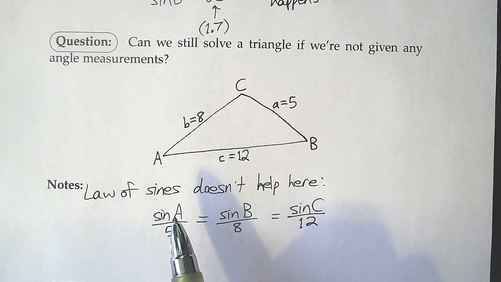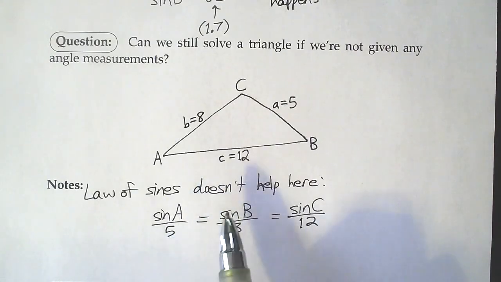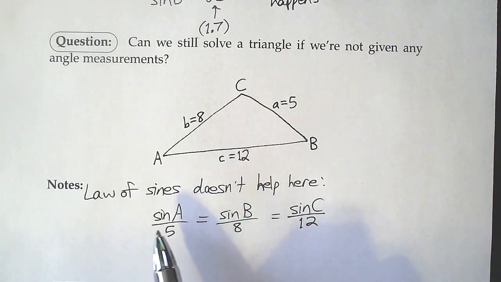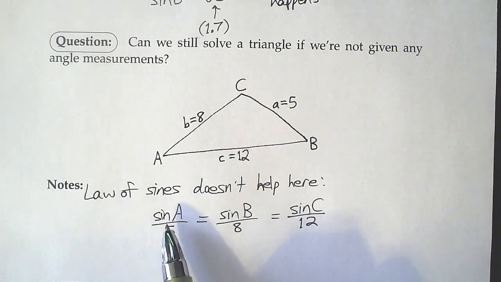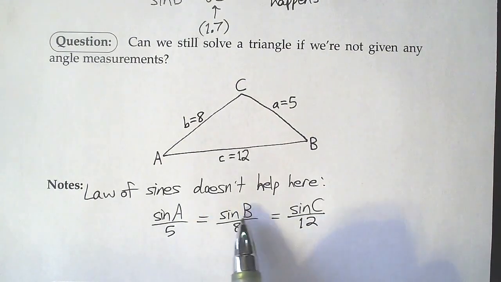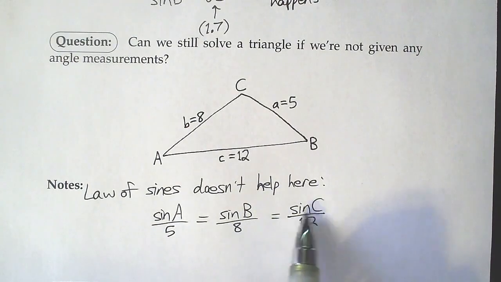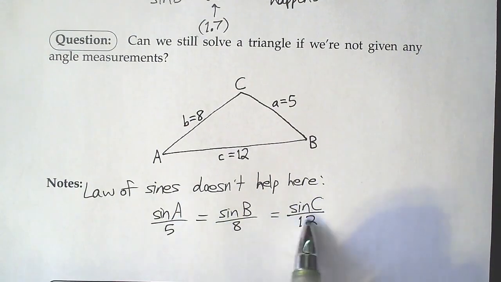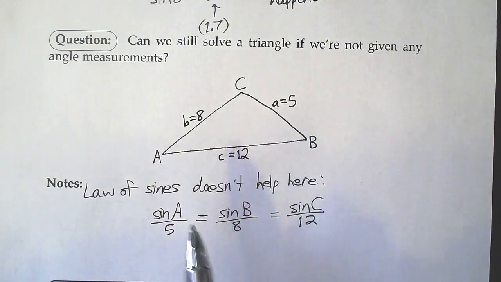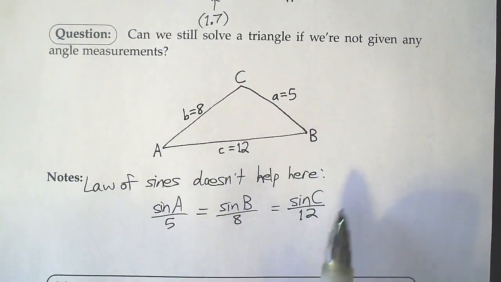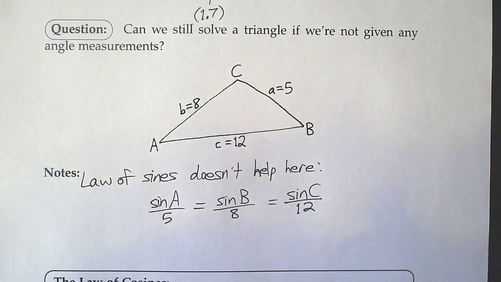But because we don't know any of the numerators, we can't pick any part of this to solve for something. If you pick the left piece and the middle piece, you would have 2 unknowns. Or if you pick the middle and the right, you would have 2 unknowns. Or if you pick the left and right, there's nothing we could do to solve for A or B or C using just this information.